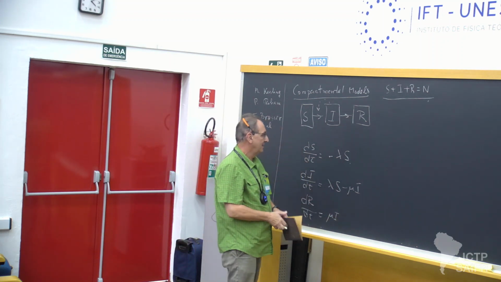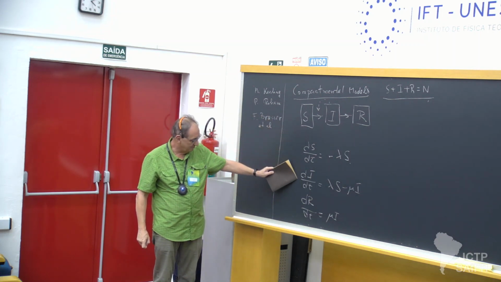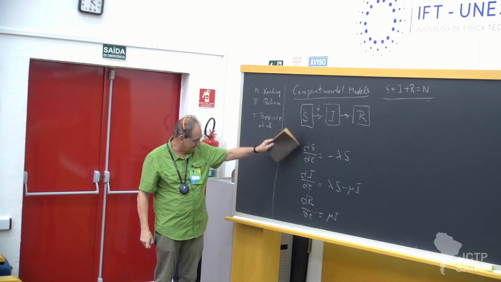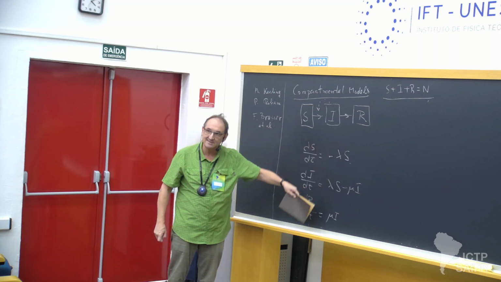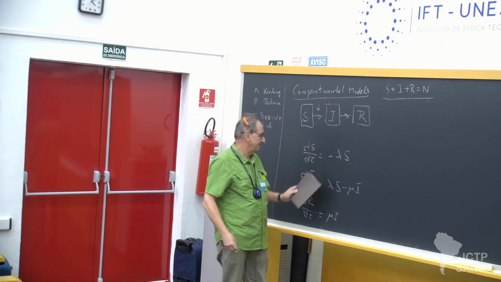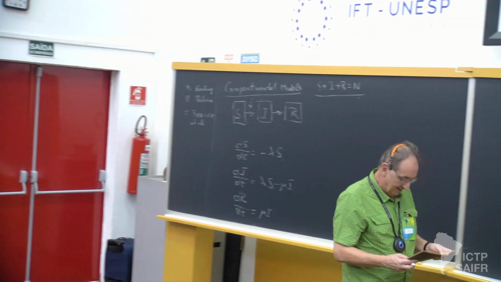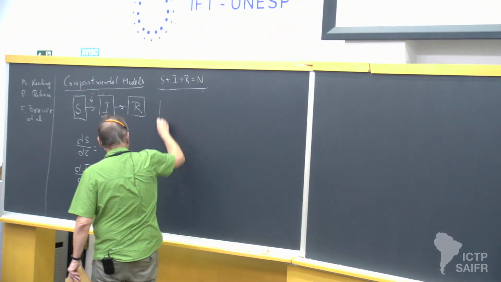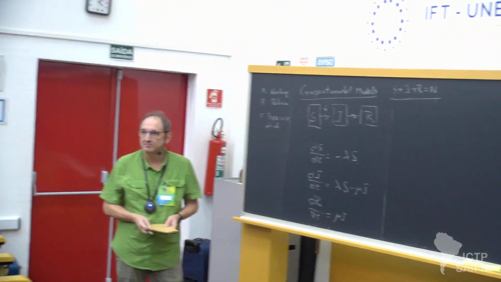Okay? So if you add this equation plus this equation plus this equation, you get that the derivative of S plus I plus R is 0, because everything cancels on the right-hand side, and it's equal to N. Okay? So let us proceed very slowly, actually, and let us discuss what these terms mean.